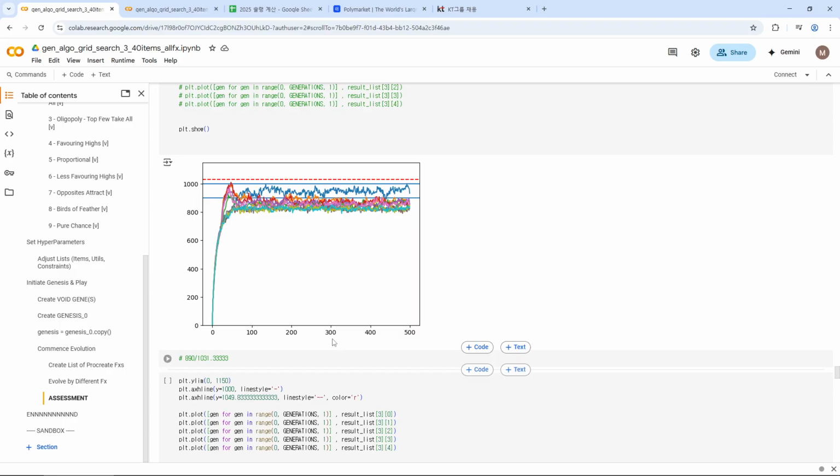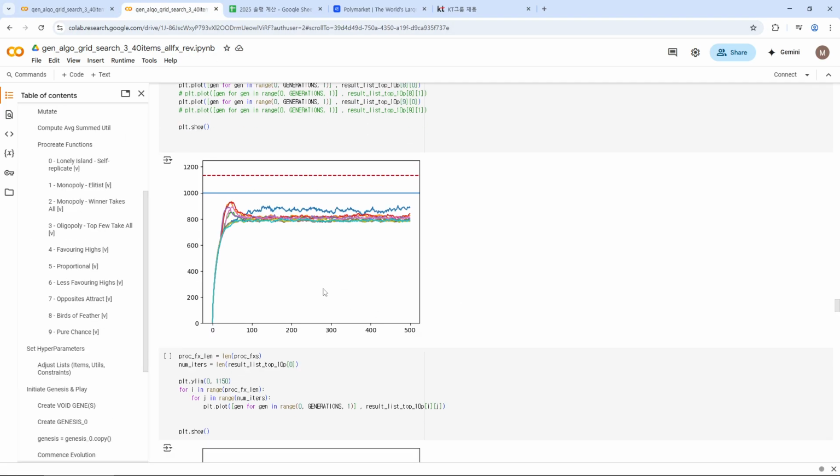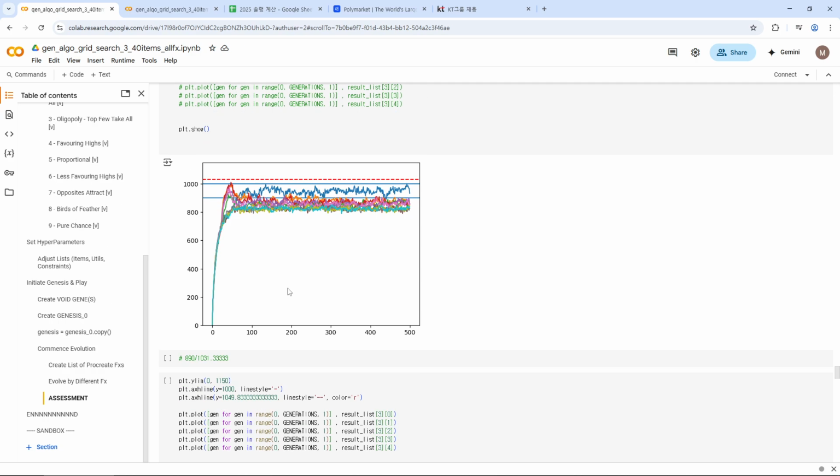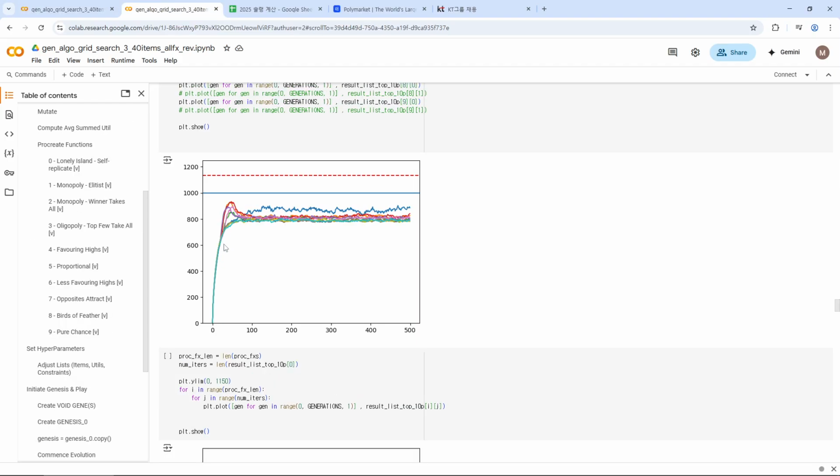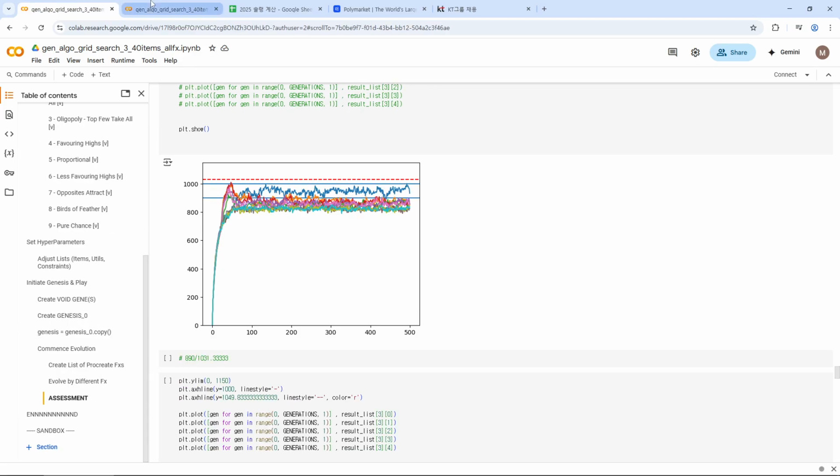So this plot is from the previous one, where the new metric is not being used, the new metric being the average of top n% entities, in this case the top 10%, and this is it. This one is more volatile, the lines are more volatile, however the behaviors are quite similar.